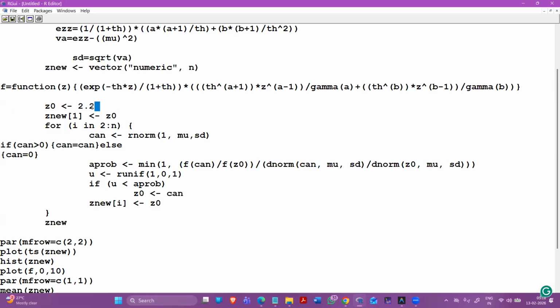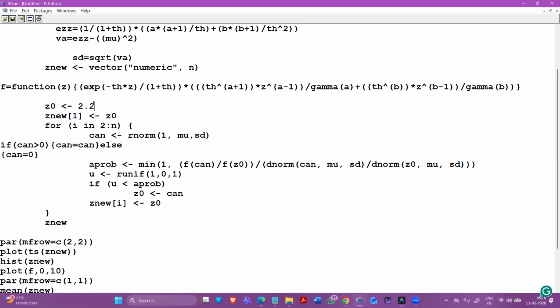After that we start from the value of Z node, that is 2.2. So what was the first condition for the Metropolis algorithm? When you generate the value for the Metropolis algorithm, f theta should be greater than 0.